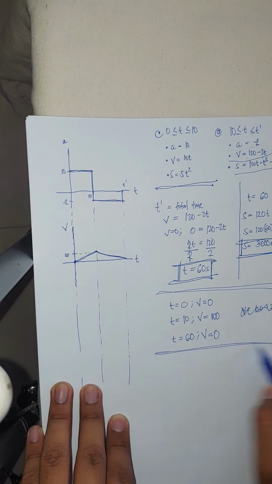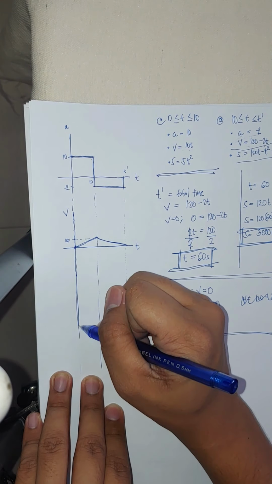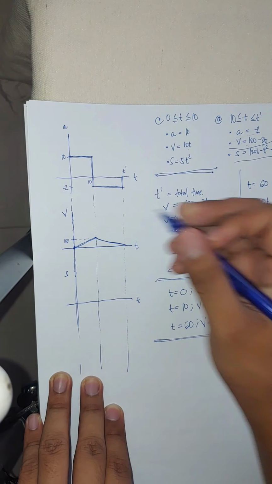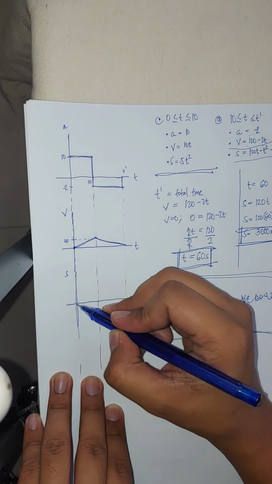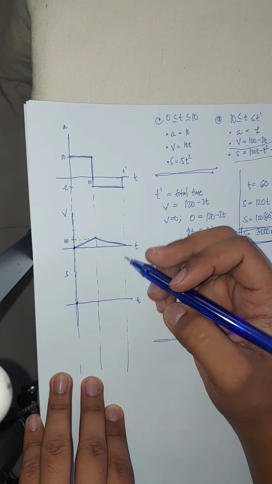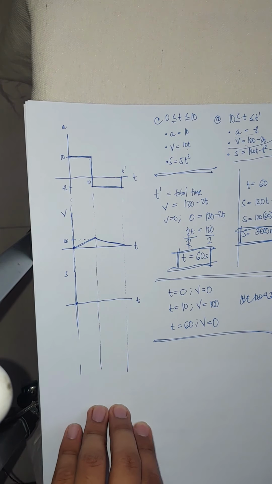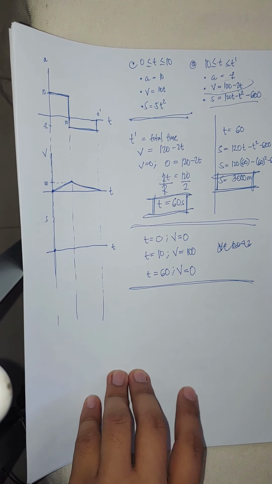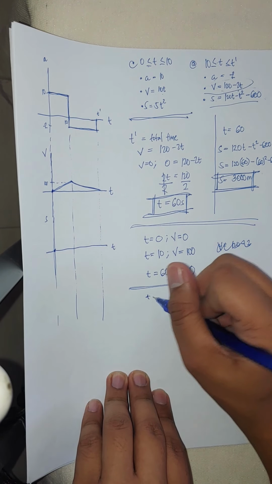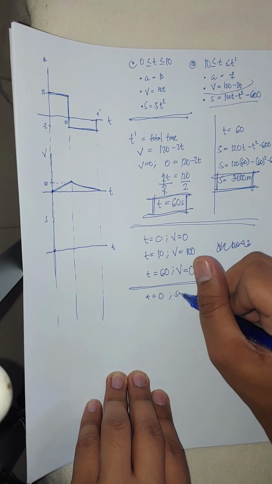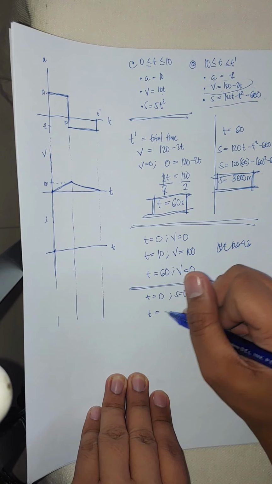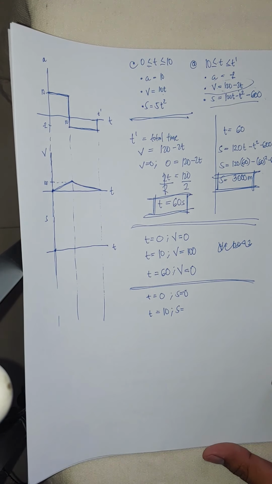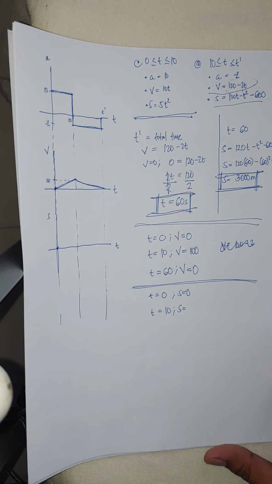Now, let's solve the position versus time. So, at time is equal to 0, atong position is 0 pod. So, atong isolve, at time is equal to 10 seconds, pila si position. Di ba atong gisolve earlier?